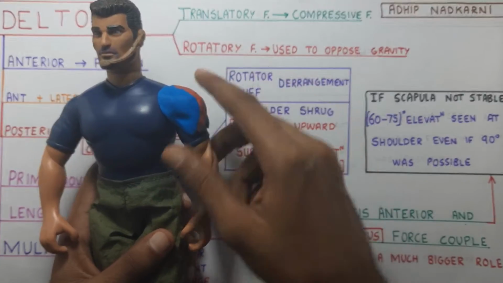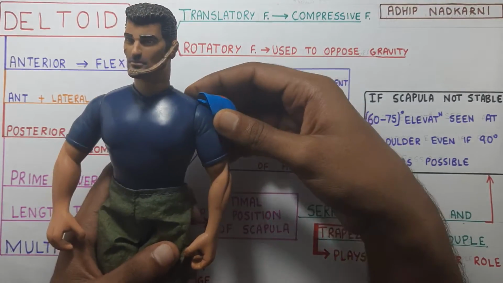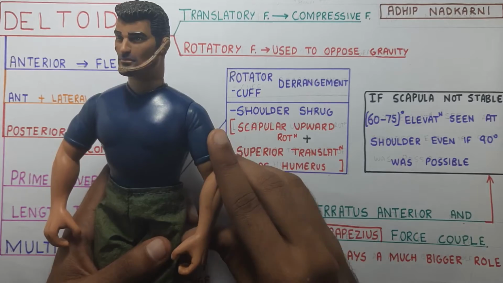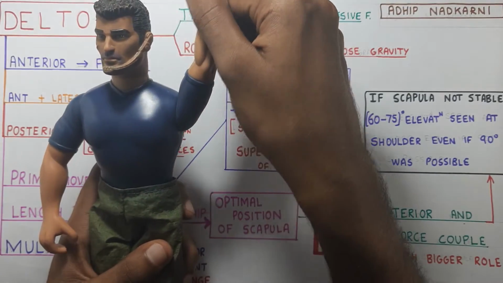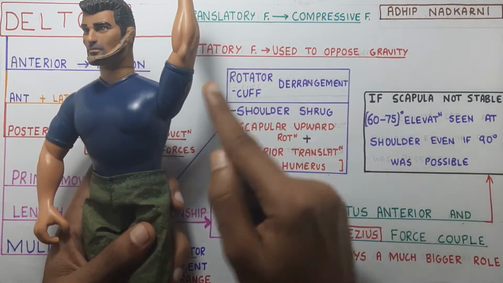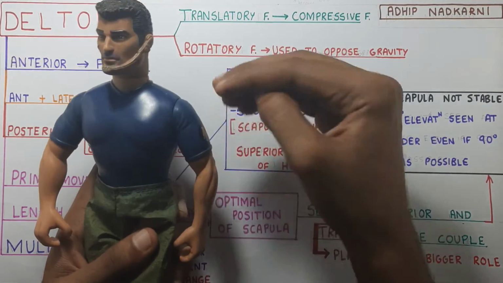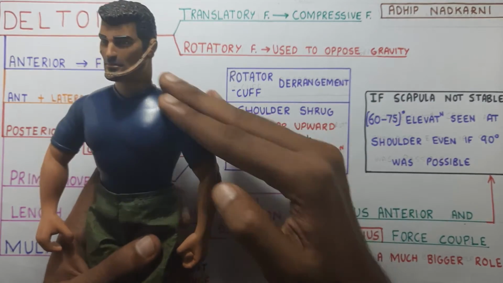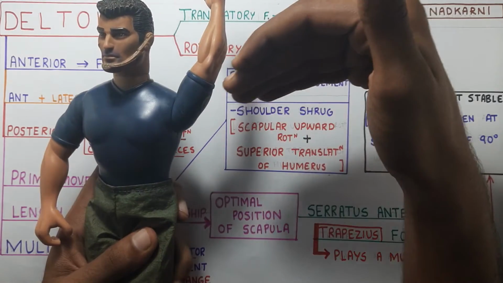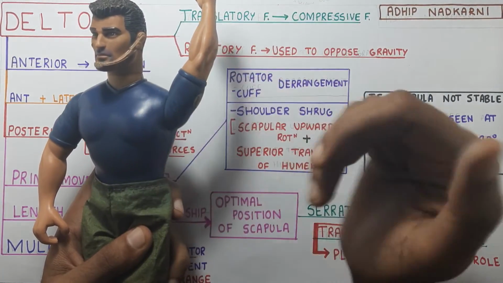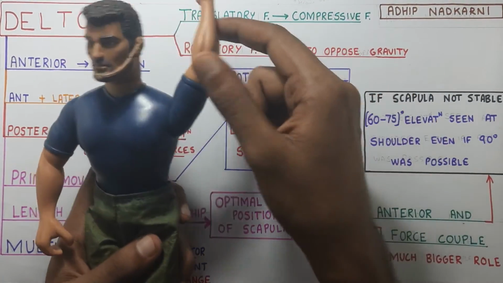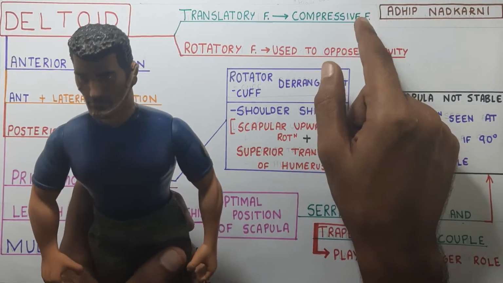When you are doing overarm abduction or flexion, once your arm goes up, the translatory force gets converted into compressive force because it's pulling inward, right? When you do this, it's downward, so it's a compressive force. So your translatory force gets converted into compressive force for the deltoid.